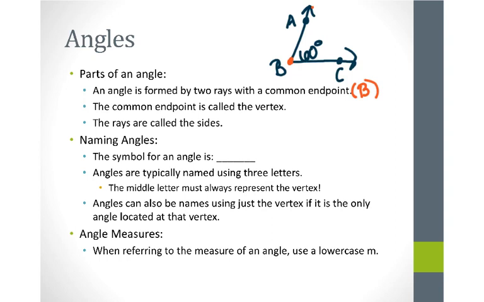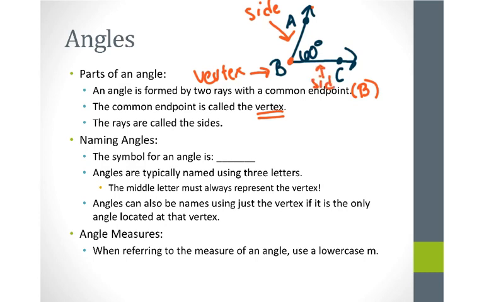Now for you guys, the common endpoint is called the vertex. So that's the main important part that you guys need to know, is that this middle letter of your angle is called the vertex, and your rays are called the sides. So B right here is called the vertex, and this is a side, and this is a side.